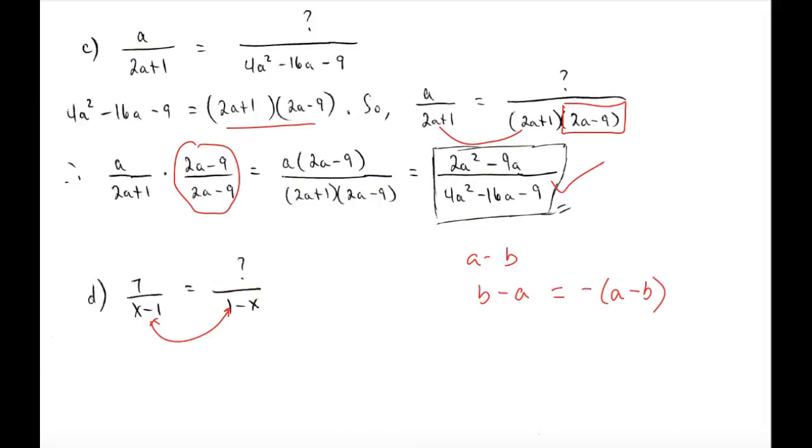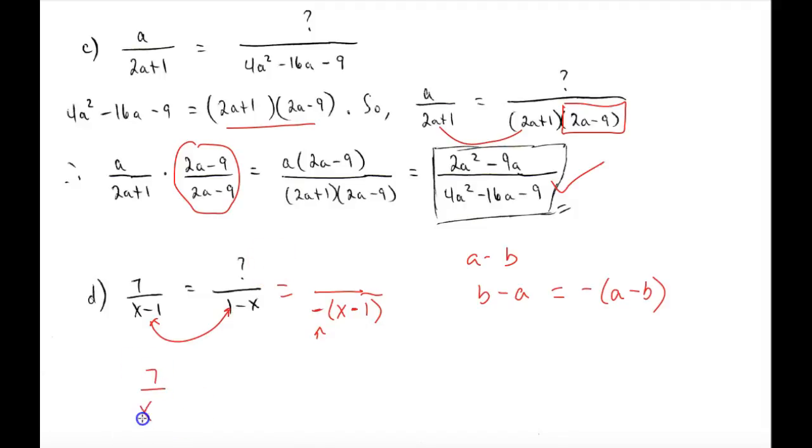So we see that in this case we have x minus 1 and 1 minus x. So the difference between x minus 1 and 1 minus x is just a negative. So this means that this is the same as negative (x minus 1). So we see the only thing that is missing is the negative, or the understood negative 1.